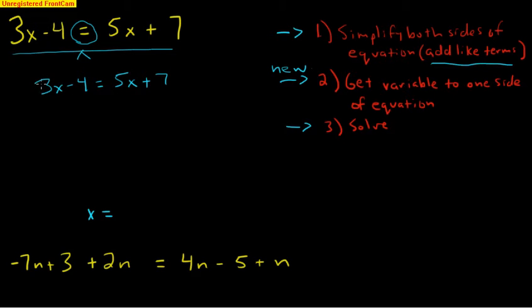So I have two choices to do that. The first, if I have positive 3x here, to eliminate the x's from this side, I would subtract 3x. That's one possibility. We could subtract 3x from both sides, and it would eliminate the x's from this side.